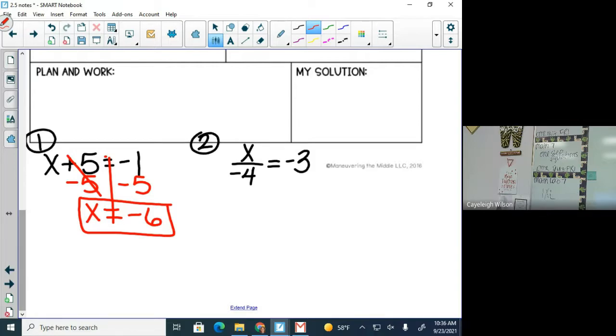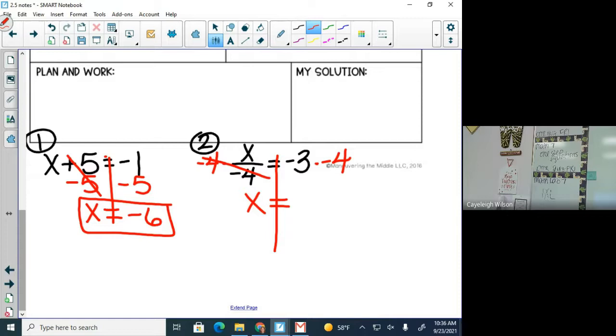All right, let's look at the second one here. Look at the side that the x is on. What operation is happening to the x right now? This is divided by -4. So I need to get rid of divide by -4, so I'm going to multiply by -4. So -4 divided by -4 cancels out. So I'm isolated with my x.